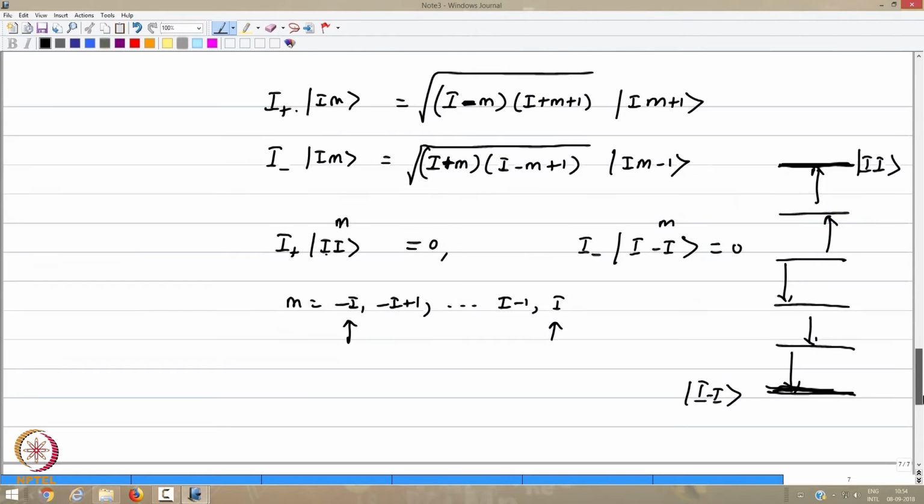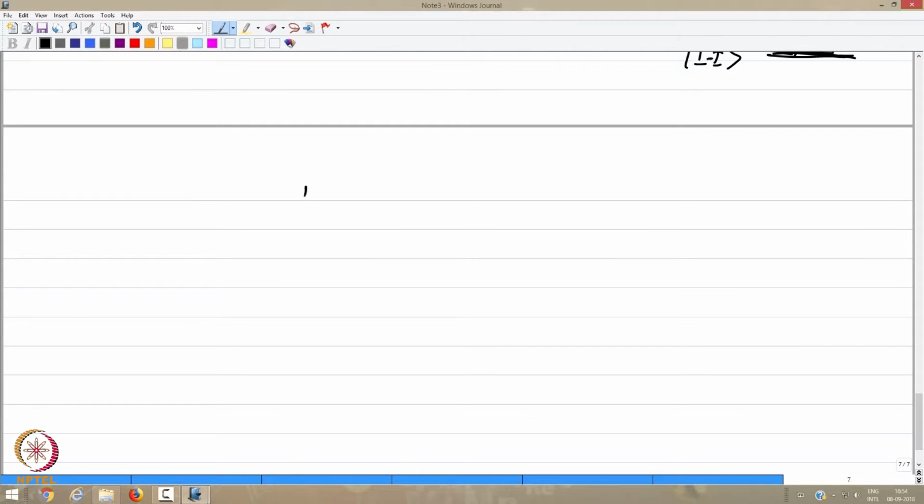Okay. Therefore, if you were to write the action of Ix on Im, it is 1 by 2 of I plus plus I minus on Im.